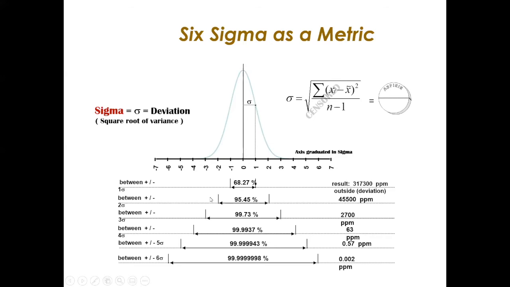The width of this bell curve that covers the upper and lower specification limits is Six Sigma, which produces 2.002 parts per million bad products, which is a very, very small fraction of defective units when compared to a 3 Sigma level quality.